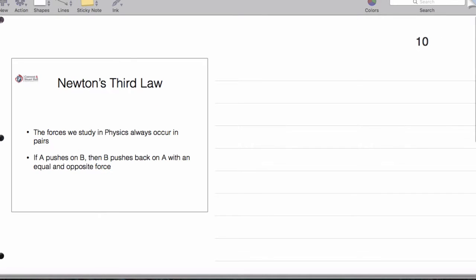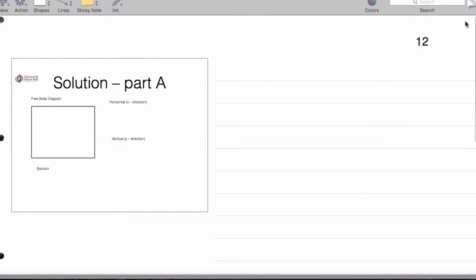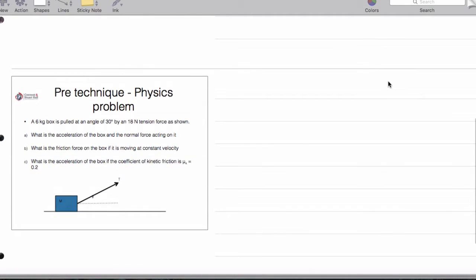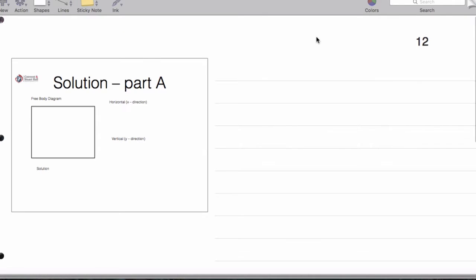Finally, we applied Newton's laws to the solution of parts A and B of this problem right here. We drew a free body diagram, wrote down the solution, and solved it.